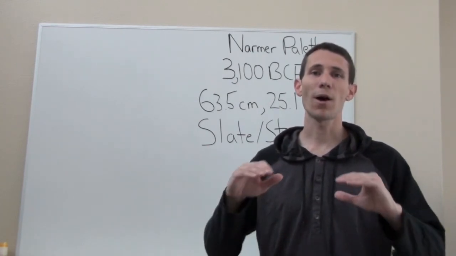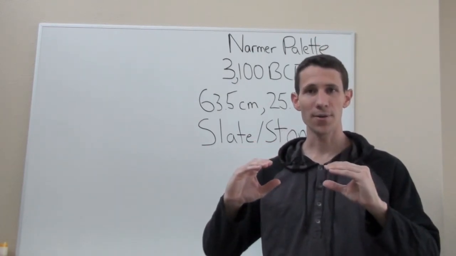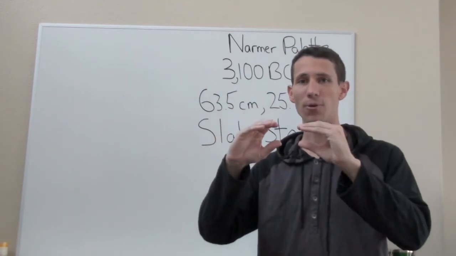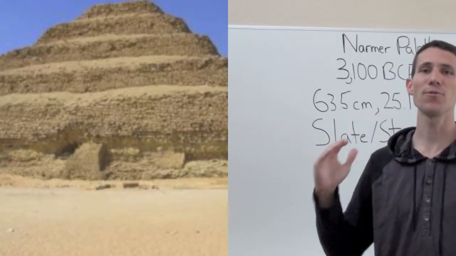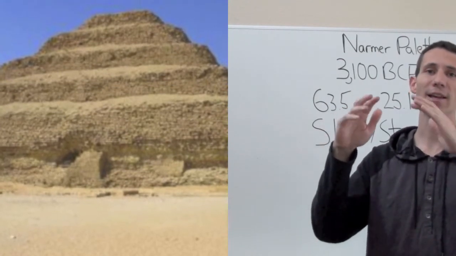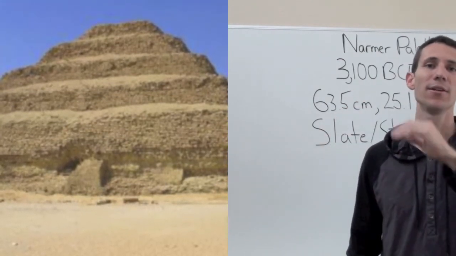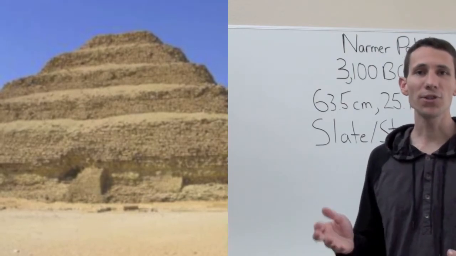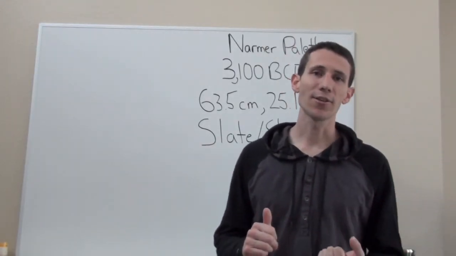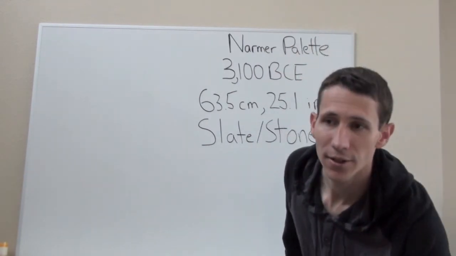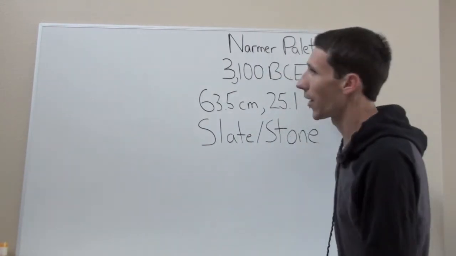And the idea was, why don't we take this mastaba and place another one on top of it, and then another one that's even smaller on top of that. So you get this stair-like step pyramid structure. And that, by the way, is in about 2630 BCE. In fact, I'll put that up here on the board.